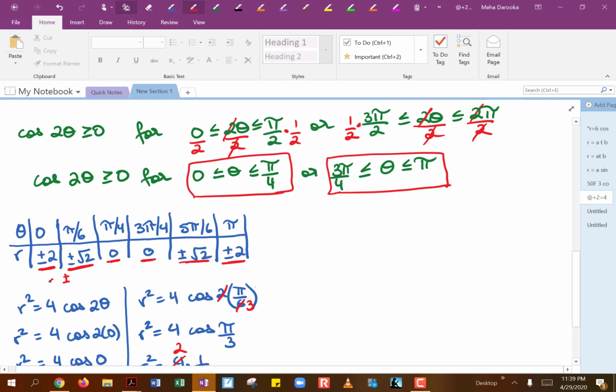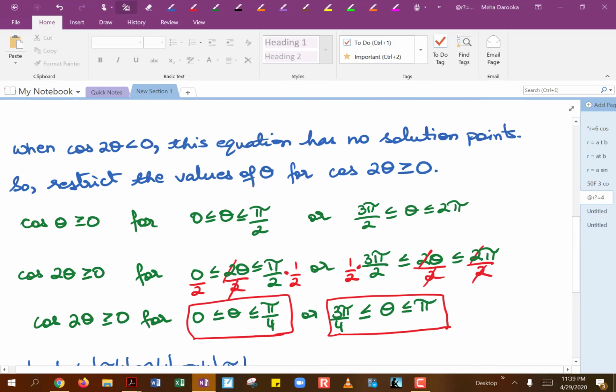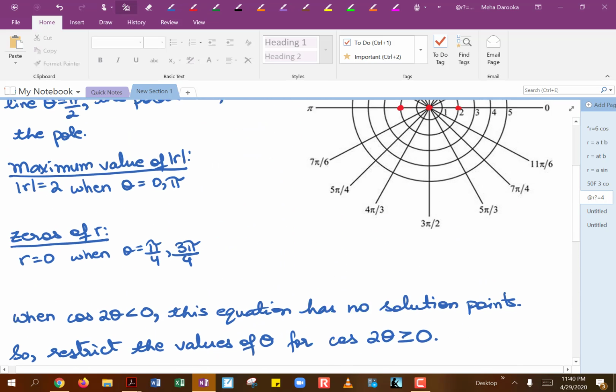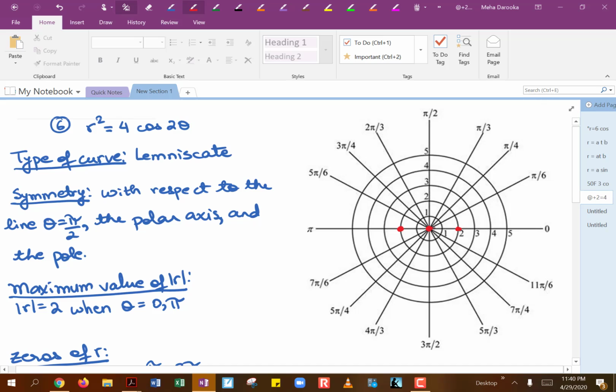So that's going to be plus or minus approximately 1.4. So that's going to be at pi over 6, where we are at 1.4 and negative 1.4. And at 5 pi over 6, we are at 1.4 and negative 1.4. So something like this.